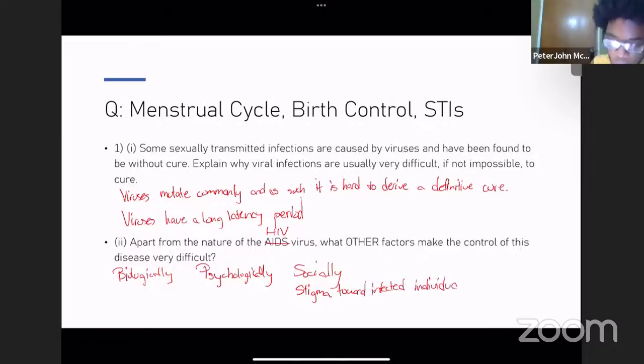So biological is nature. Give me more psychological and social. Psychologically, what would affect people with HIV coming out and doing whatever they need to do? Socially, how does society treat people with HIV? Psychologically, how do people treat themselves when they have HIV?